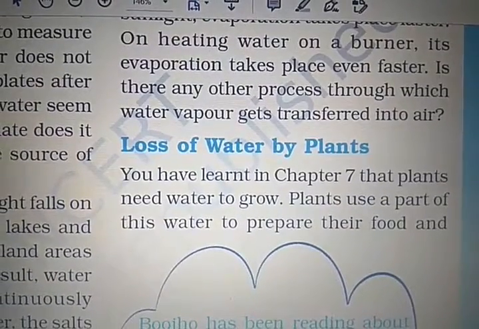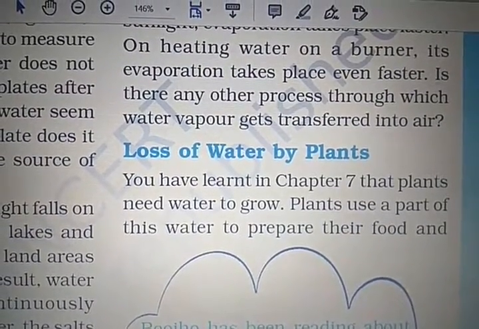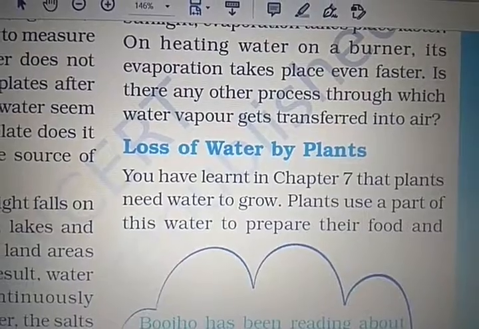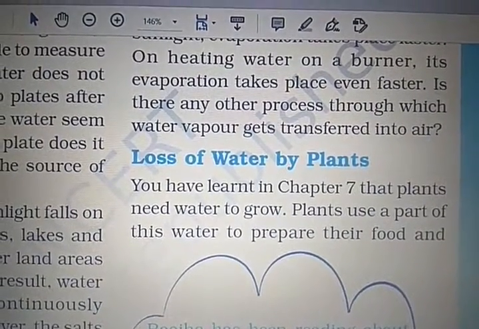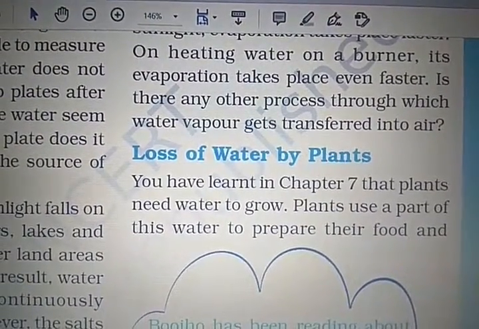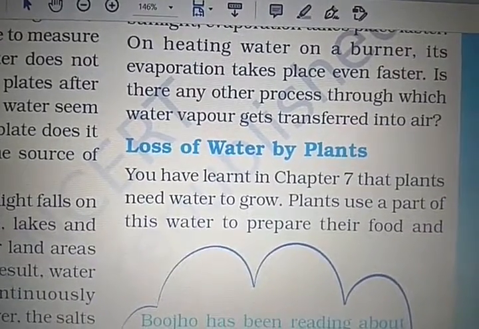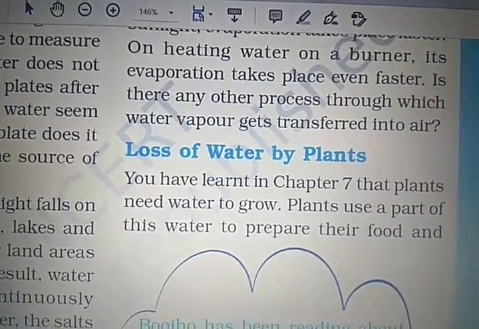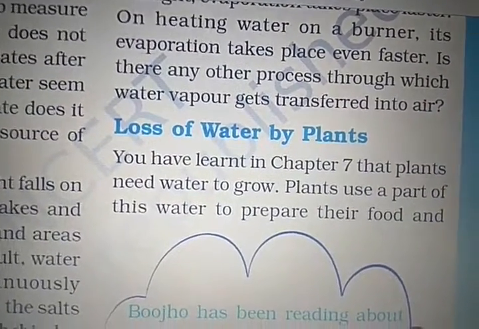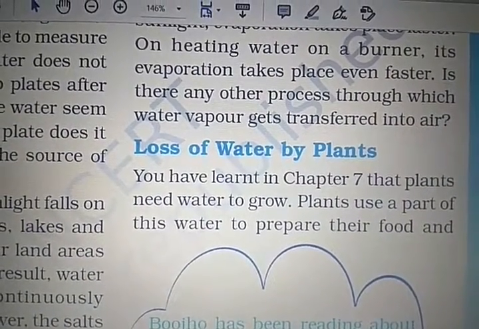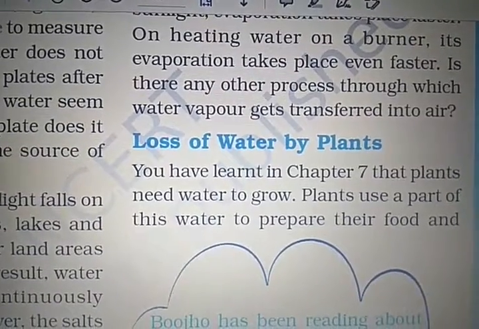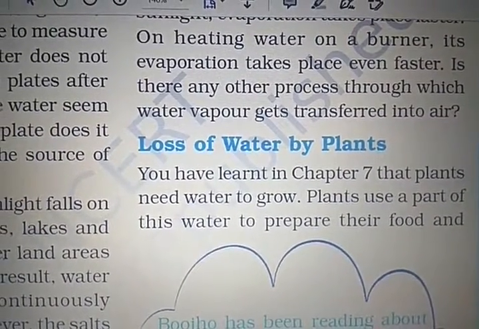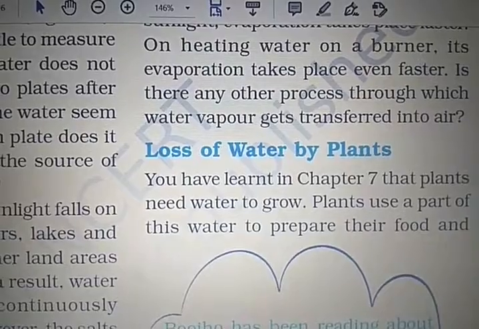On heating water on a burner, its evaporation takes place even faster than through any other process by which water gets transferred into air. Dear students, in this paragraph we have learned that the plate which is directly under the sun evaporates faster than the other plate.